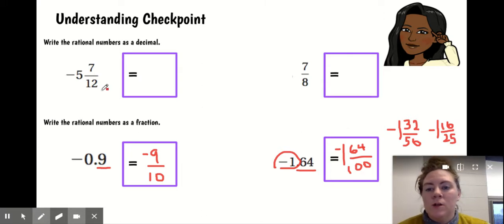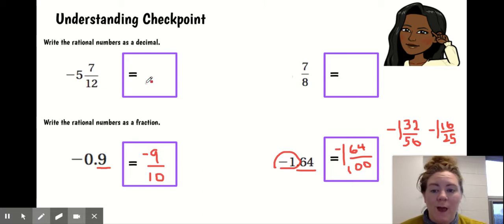Now, to go from a fraction to a decimal, you're going to have to do long division. So again, I see that I've got a 5, a whole number here, so I'm just going to write that first. You know that it's good to go, and it's going to have a decimal.